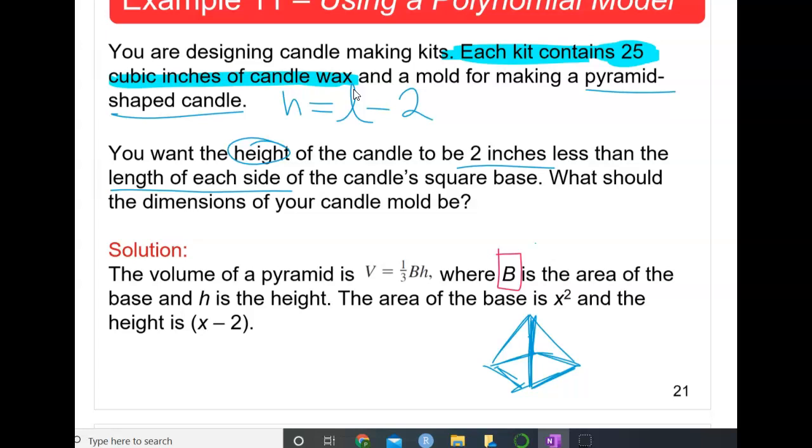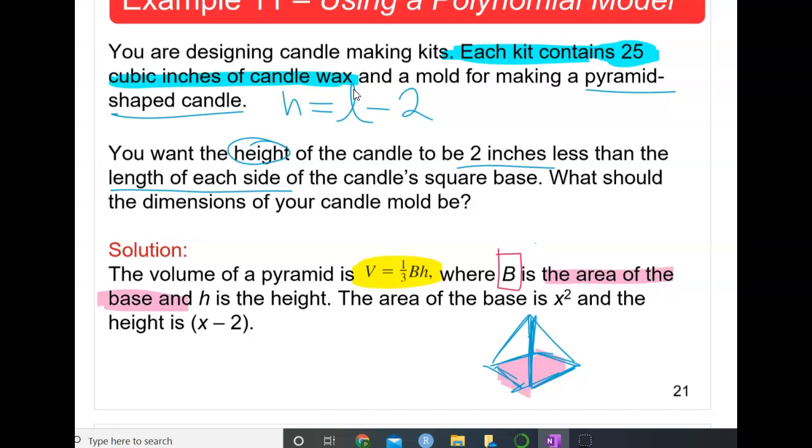So for the solution, we first consider the formula to find the volume of a pyramid. And capital B is the area of the base, so it will be this part right here.